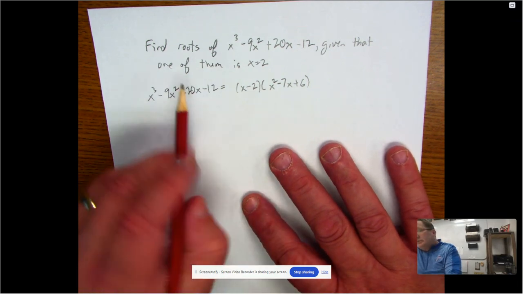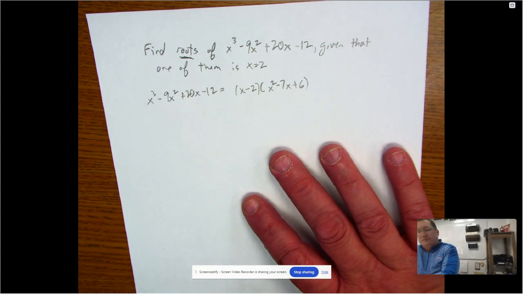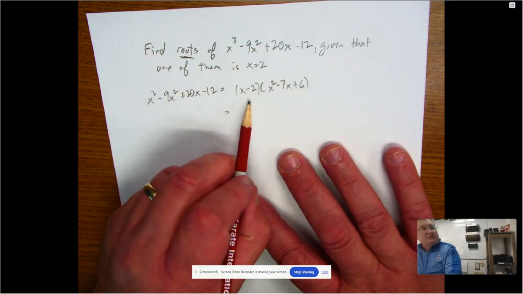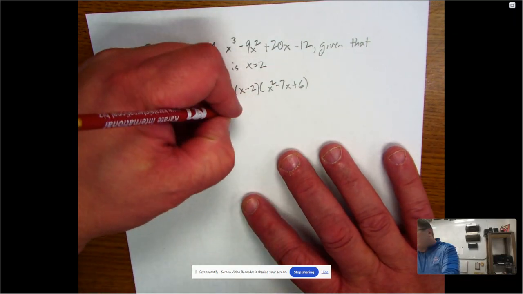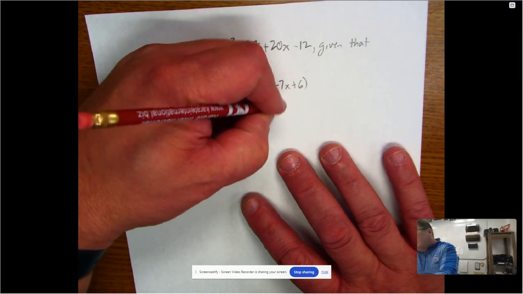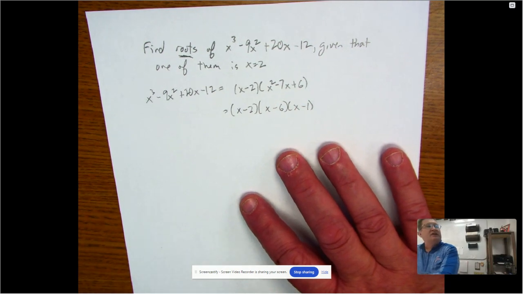Now, when we say roots, that's like, when is this thing equal to 0? All right? And so it's equal to 0 at x equals 2, and then also where x squared minus 7x plus 6 equals 0. And we can get those answers by factoring sometimes, and sometimes we can get those answers using the quadratic formula.